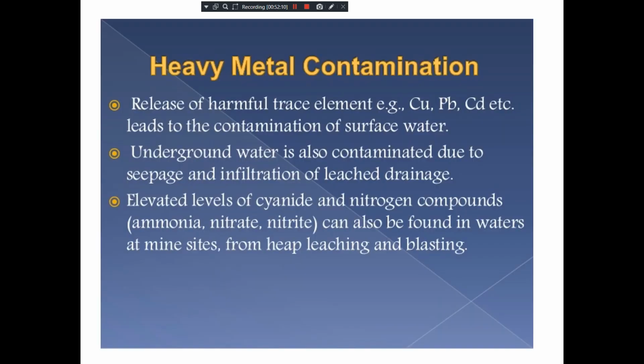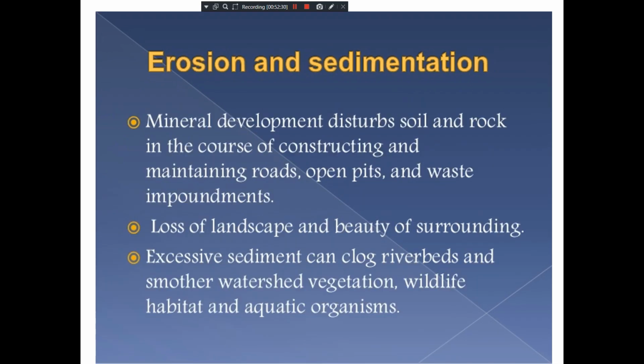Heavy metal contamination, that is copper, lead, cadmium, etc., causes contamination of the surface water. Not only surface water, even the groundwater is contaminated. Elevated levels of cyanides and nitrogenous compounds at the mine site especially cause a lot of human problems.